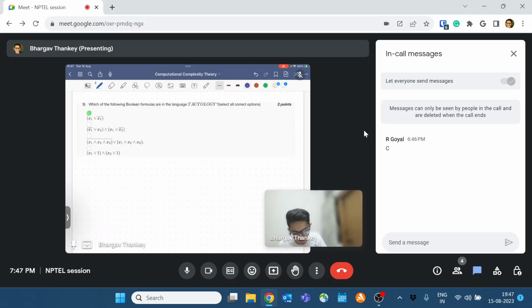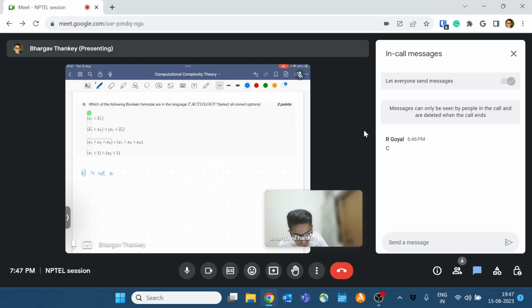Why? If we pick the value of x1 as true, and if I pick the value of x2 as false, then this is not a tautology.